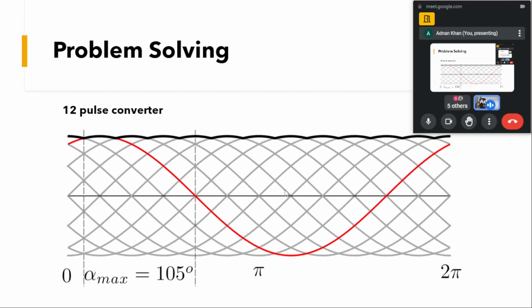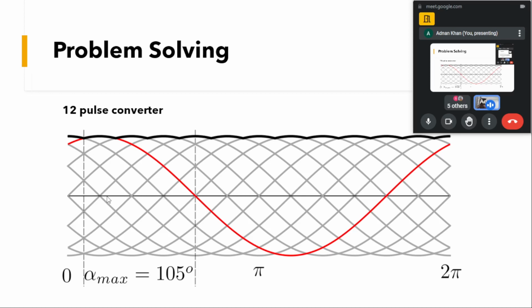Now coming to the 12 pulses, you can see this diagram has 12 pulses here for the 2 pi interval. As you can see, if we trace one of these waveforms from 0 to 2 pi, one interval is around 30 degree, and alpha we calculate from this point.